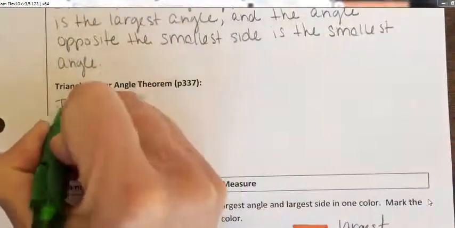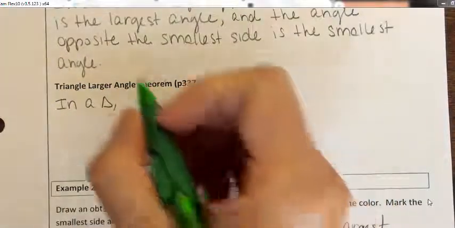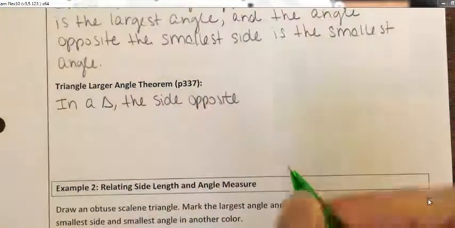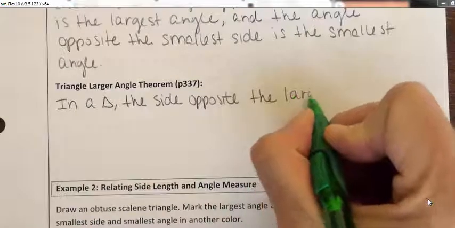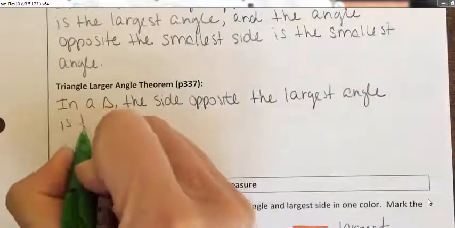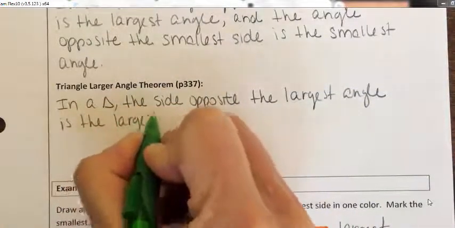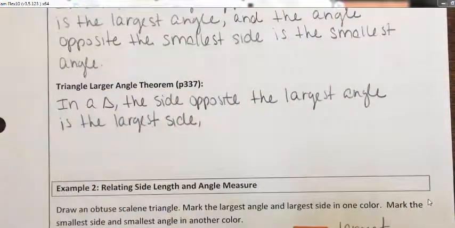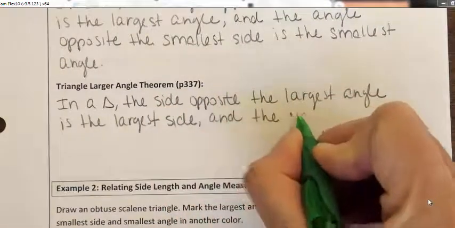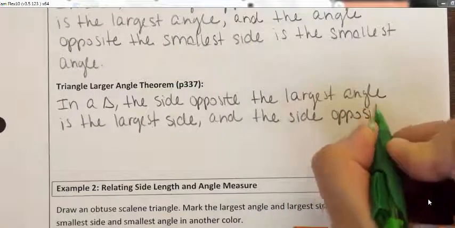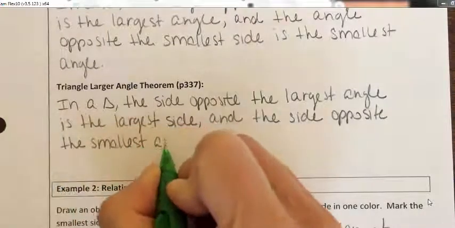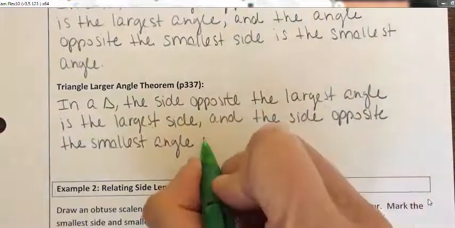So for this one, in a triangle, the side opposite the largest angle is the largest side, and the side opposite the smallest angle is the smallest side.